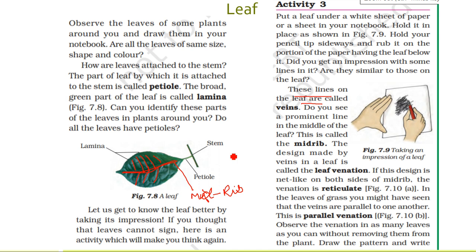Then the term reticulate is used because the meaning of reticulate is network. So when the venation is network-like, it is called reticulate venation. And when each and every vein is parallel to the midrib, it is called parallel venation.